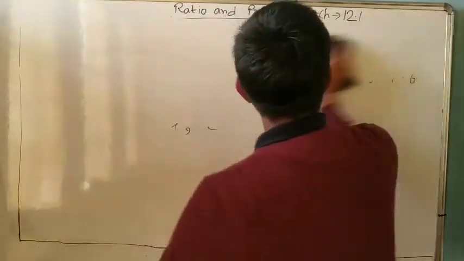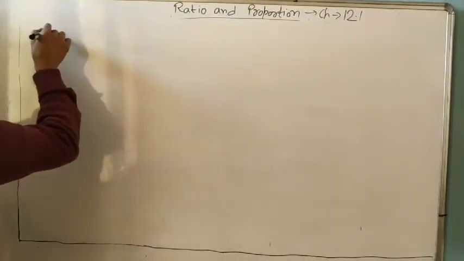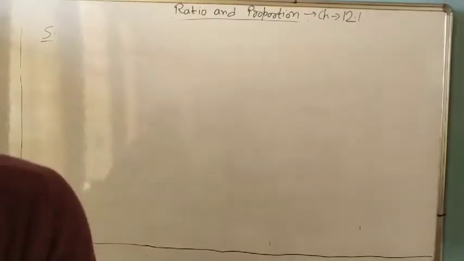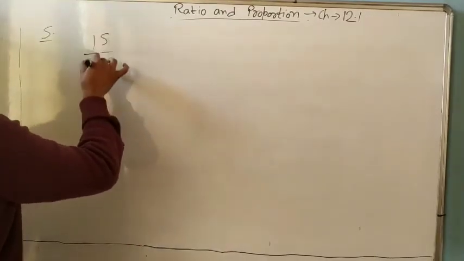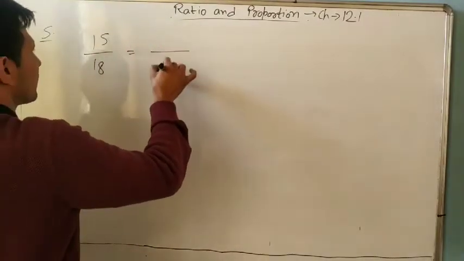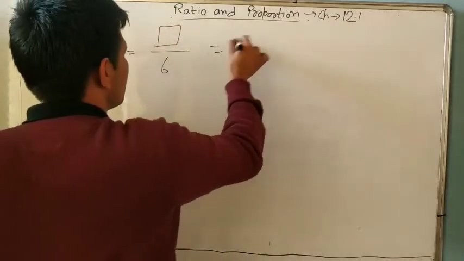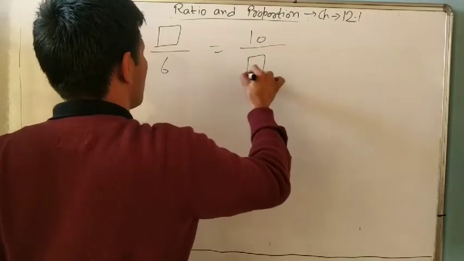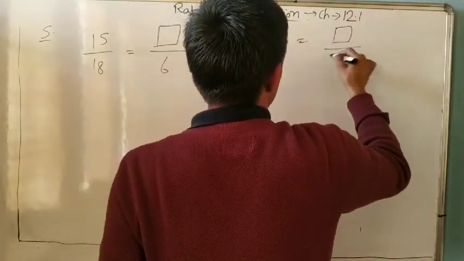Now question number 5. Question number 5 is given: 15/18 equal to blank over 6. We have to fill this one. Next is blank over 10, and this one equal, and this one 30.